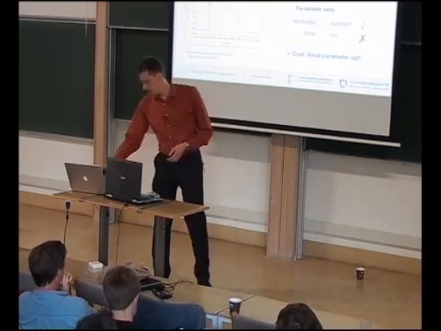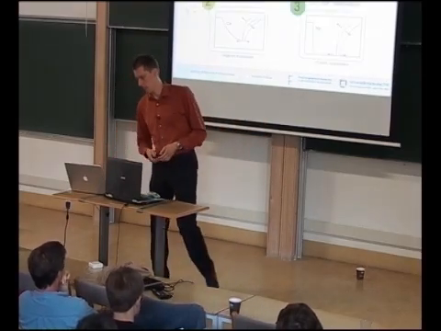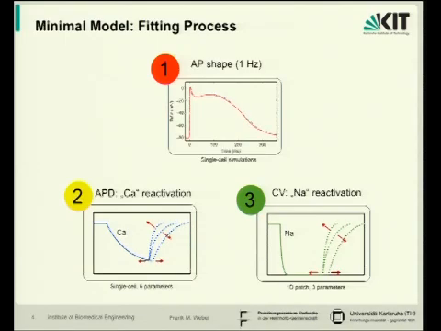Therefore, we adapt the parameters such that this model reproduces atrial excitation properties as described by the complex Courtemanche model. We did this in three steps. We started by adapting the action potential shape at a frequency of 1 Hertz.